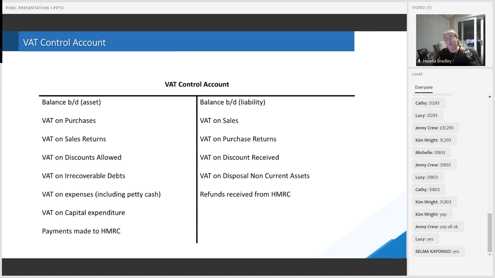The problem with the VAT control account is that there are lots of transactions to consider, because we're dealing with VAT on our purchases, on our returns, on our discount allowed and discount received. We're dealing with the VAT on our expenses, and with the VAT when we buy a new asset. What about when we pay HMRC? They pay us. So there's a lot to consider.